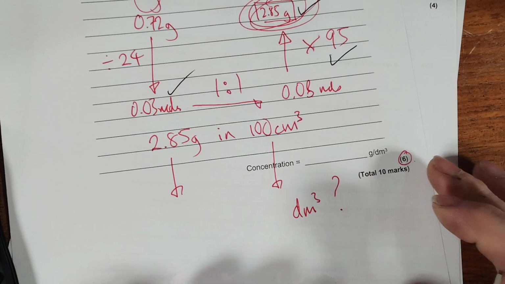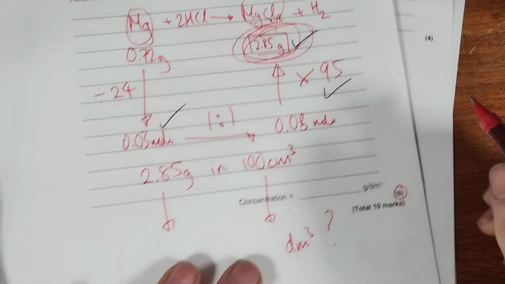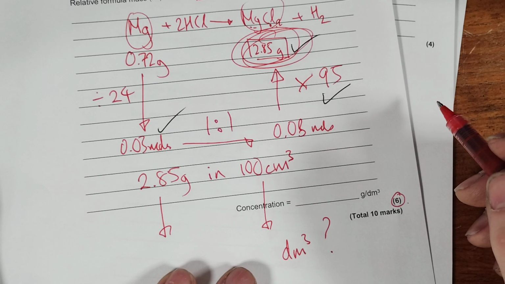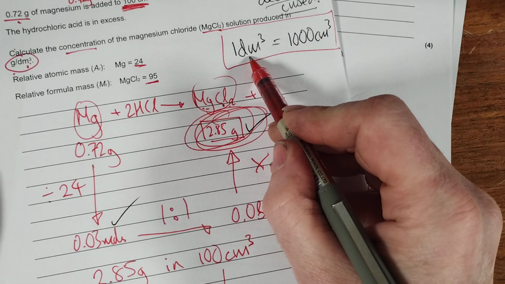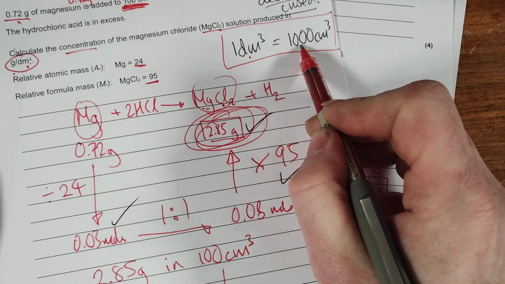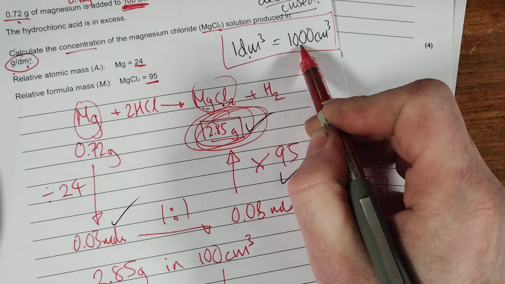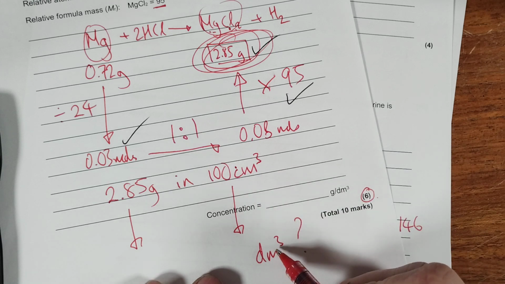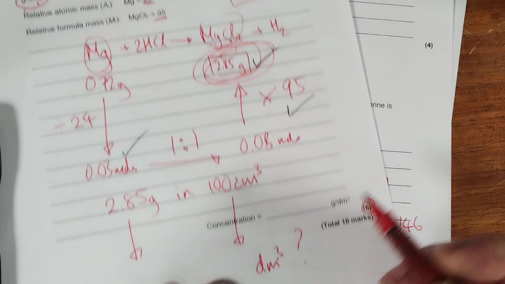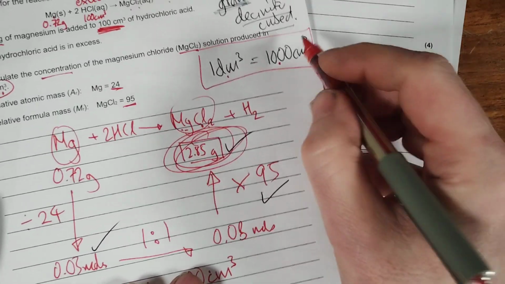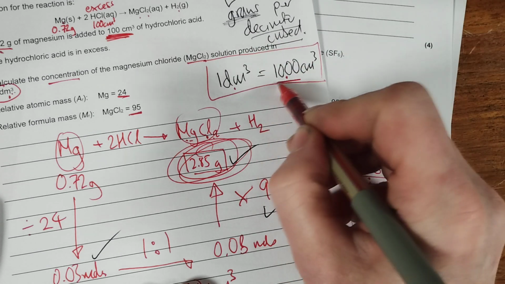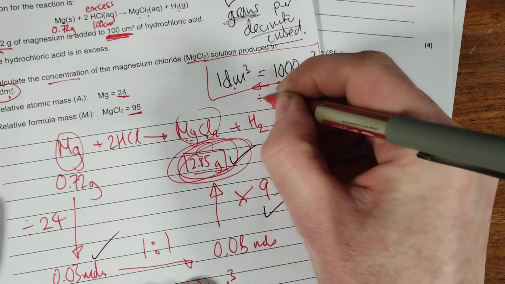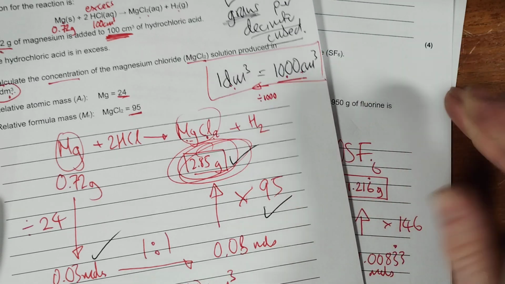Have a little think of that for a sec. Okay. So, I know that 1 decimetre cubed is 1,000 centimetres cubed. So, I've got centimetres cubed and I want to turn it into decimetres cubed. There's a couple of ways of doing this, but to get from centimetres cubed to decimetres cubed, I need to divide by 1,000.